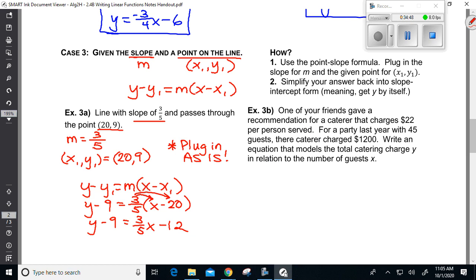Then to get y by itself, add 9 to both sides. So there's your equation.